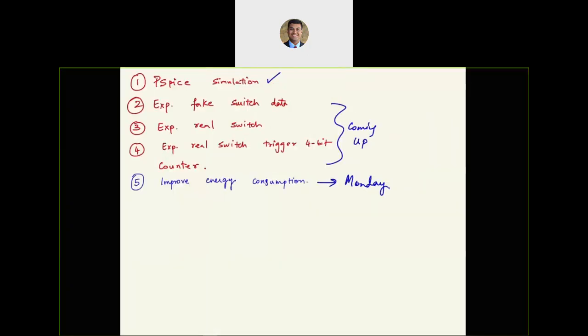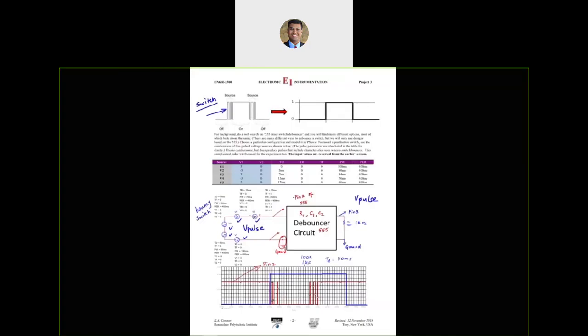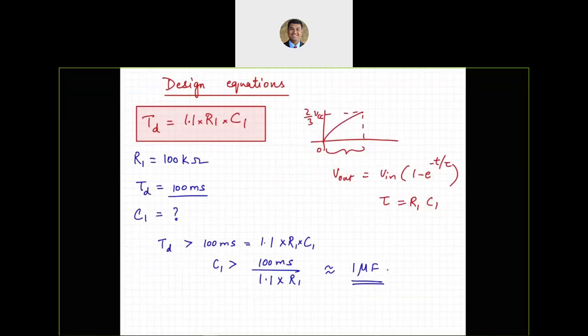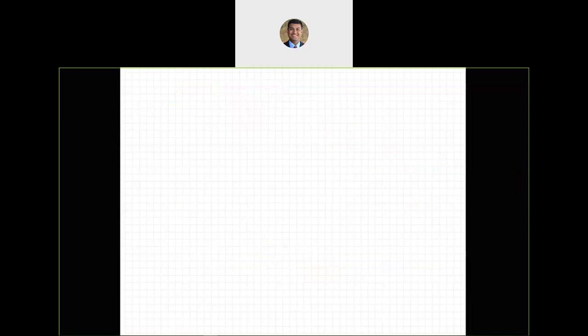the energy consumption. So, how do I look at improving the energy consumption of this 555 timer? It is again based off of the same equations. So, what I'll do is I will add another slide here and I will say the design equation was what? TD is 1.1 times R1 times C1.